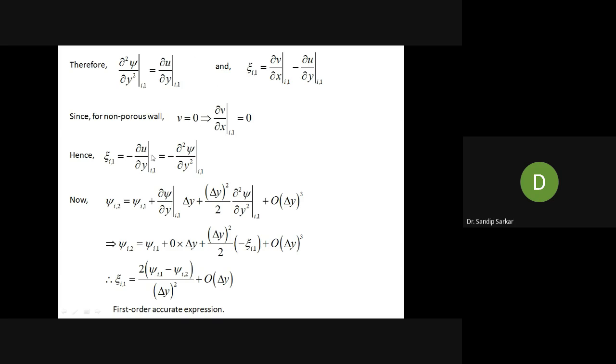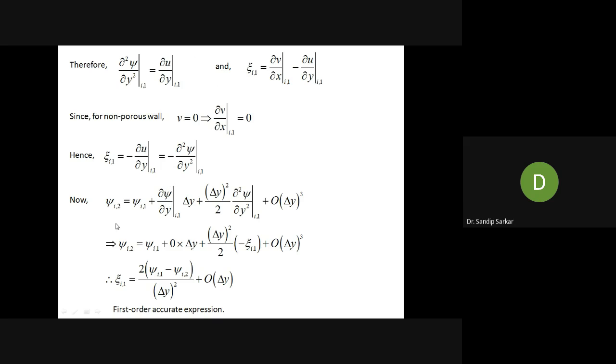That is, del u del y means del 2 psi by del y2. So zeta I1 equals minus del 2 psi by del y2 at point I1.